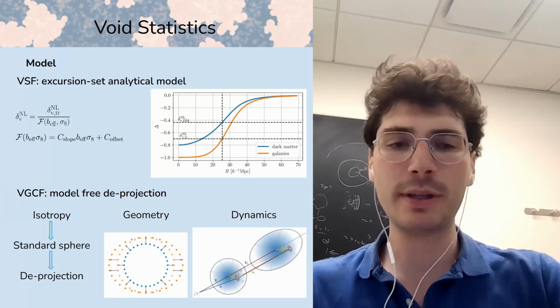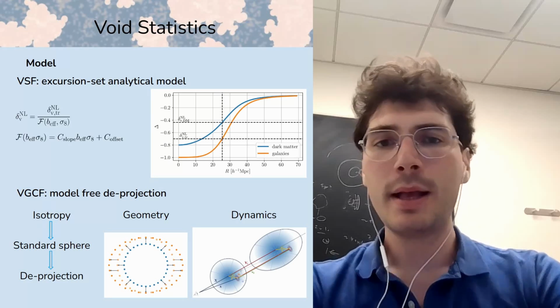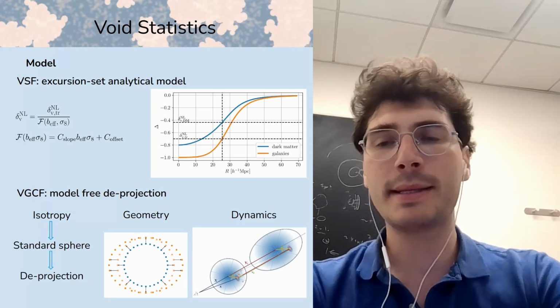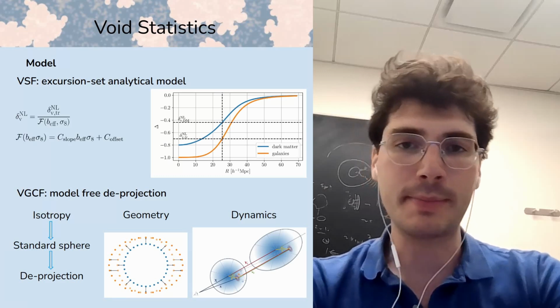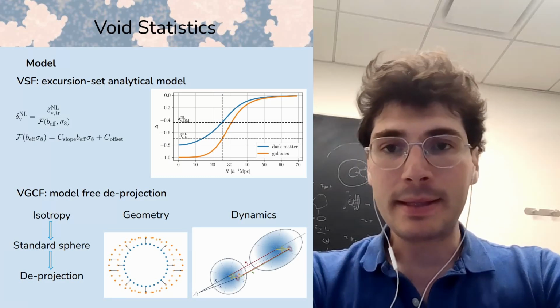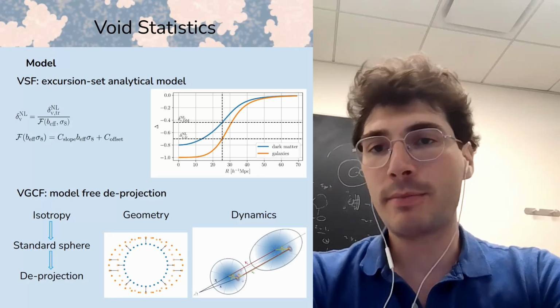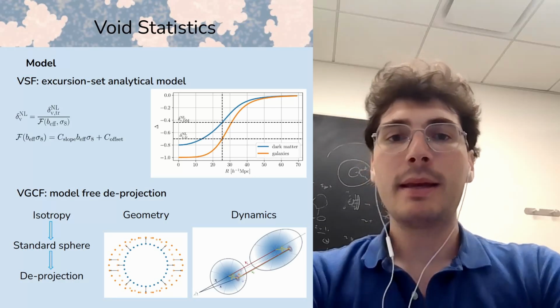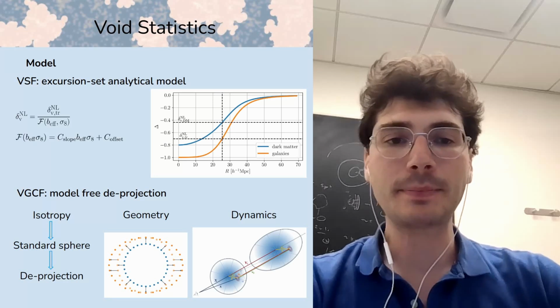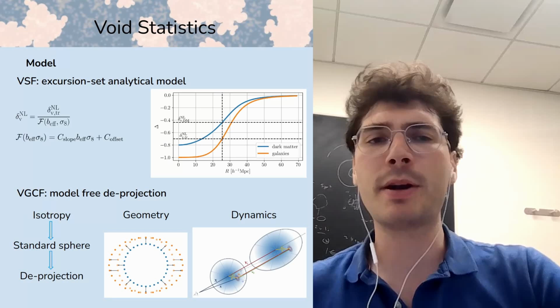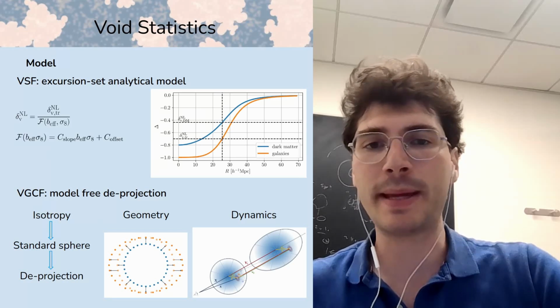Concerning the void galaxy cross correlation function, as described before, from the cosmological principle it follows that stacked voids are statistically isotropic in real space. This means that we can infer the spherical average density profile directly from data without any model, using the projection technique. Then we have peculiar velocities that cause voids to appear anisotropic in redshift space.